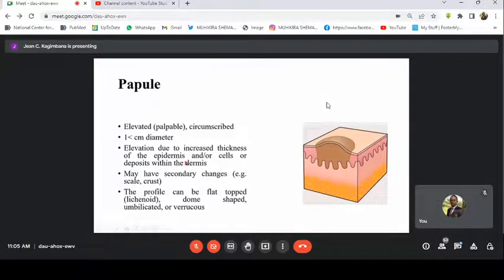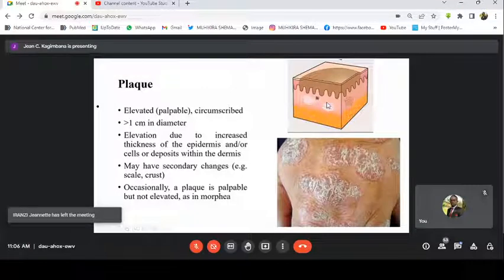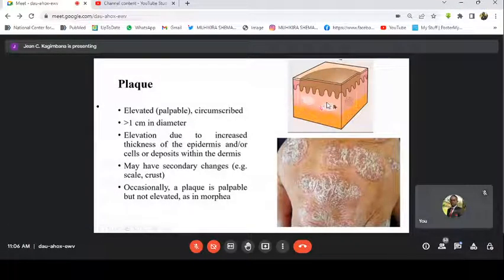It opposes a plaque. Okay? Again, a plaque you see here is a big papule, more than 1 centimeter, very large. Again, it cannot be seen on the dermis. Is it clear here?